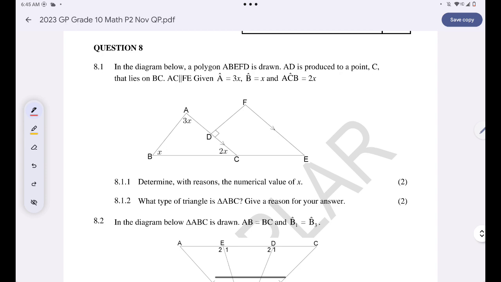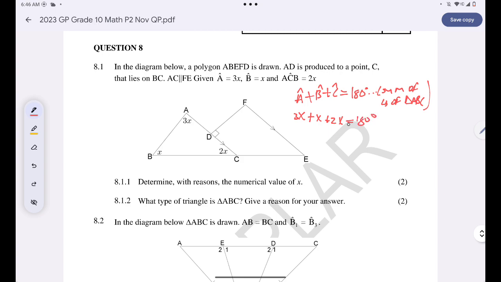In triangle ABC, I know that angle A plus B plus C is equal to 180 degrees. These are some of the angles of triangle ABC. All together, angle A is 3x, B is x, and then C is 2x.